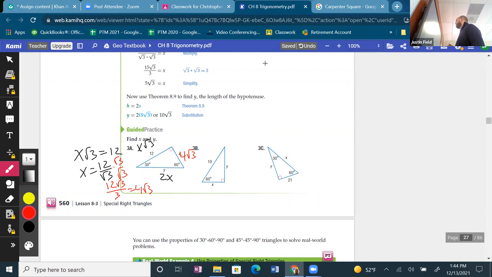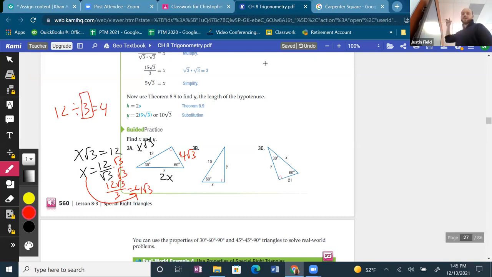So that means that the short leg is 4 root 3 because the short leg is x, and I just solved for x. So just notice that this is the 30, 60, 90 triangle, and 12 divided by 3 is 4.